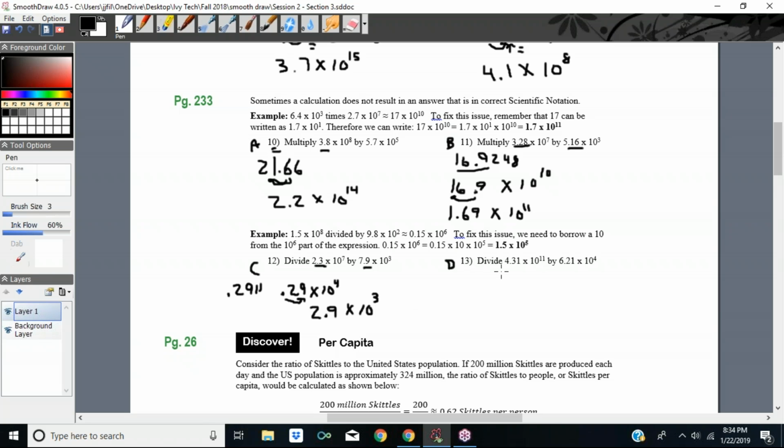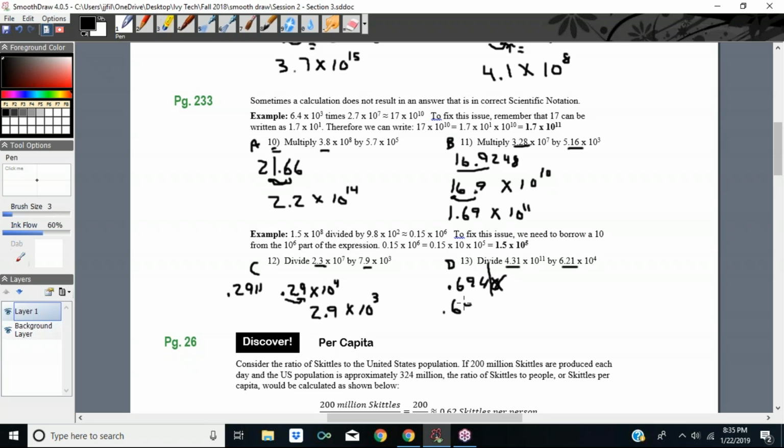And then group D, I didn't get to check your answer, but number 13, we're dividing 4.31 by 6.21. And when we do that, we get 0.6940 and then some other digits. 3 digits in the problem, so we need 3 digits in our answer. So we're going to cut it off right there. The 0 does not make the 4 turn into a 5.